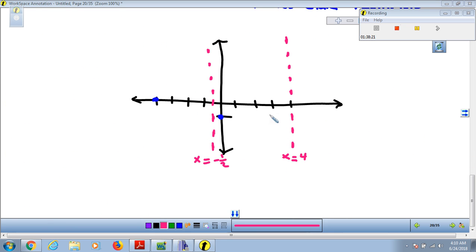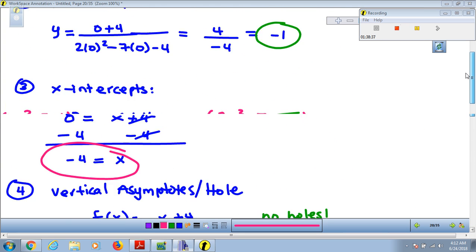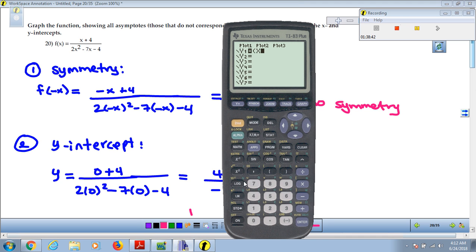Okay, it says here that the x-intercept is at -4. So let's see how this is going to look. Okay, so let's graph this one just to see if we're on the right track. Wait. Parenthesis x plus 4. If I don't put parentheses, remember, with this kind of functions, it's not going to be correct.